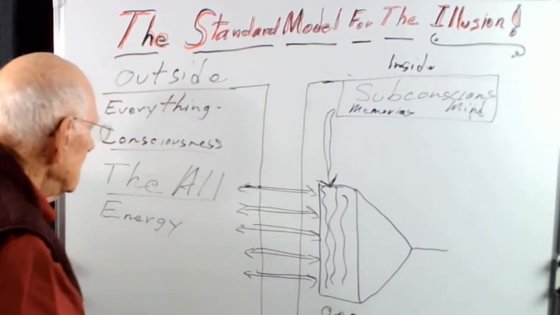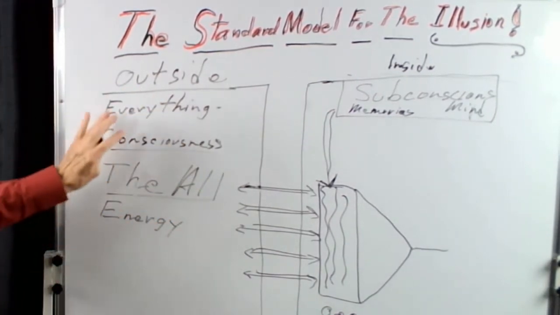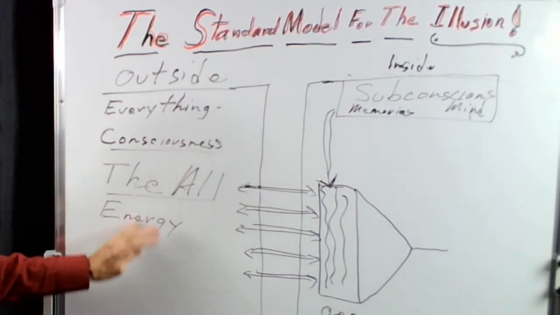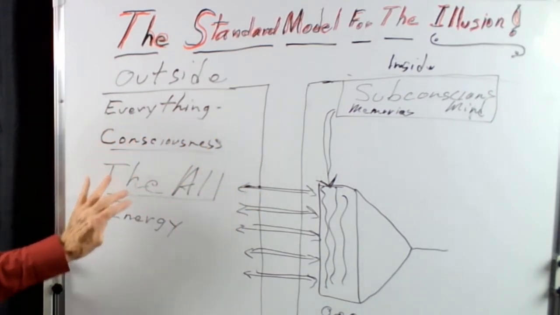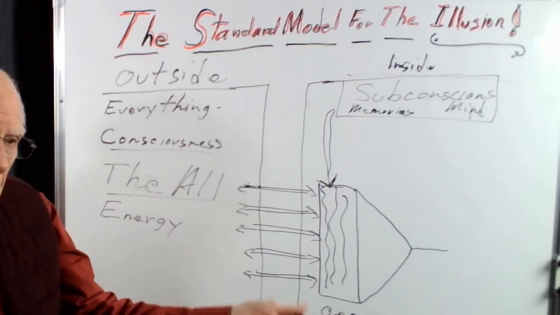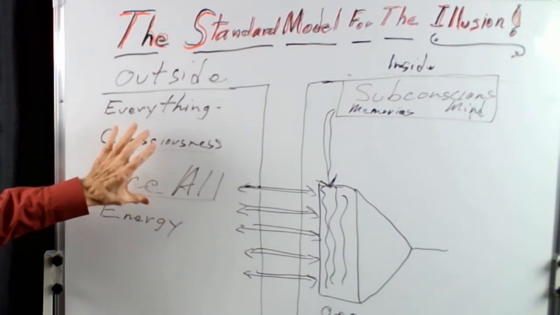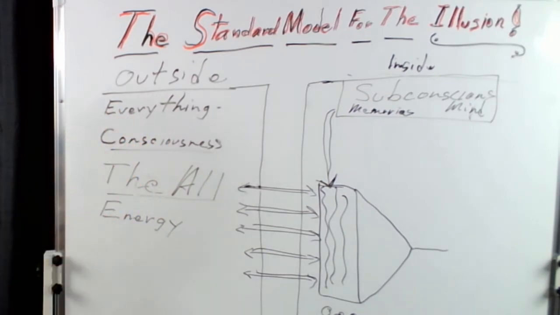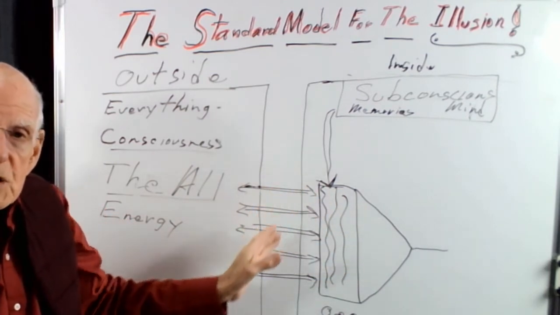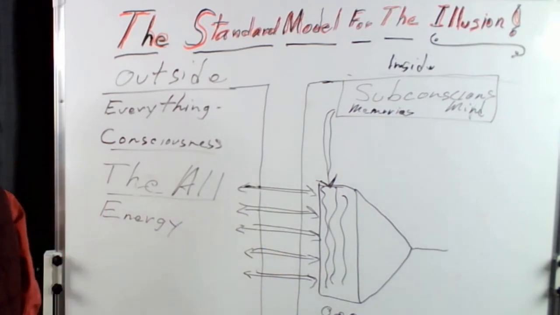We have everything out here. And this is energy. So the energy is oscillating, is undulating, is moving around depending on how the frequencies and interactions are in this outside everything. The information goes through our senses. Each sense picks up different kinds of information.